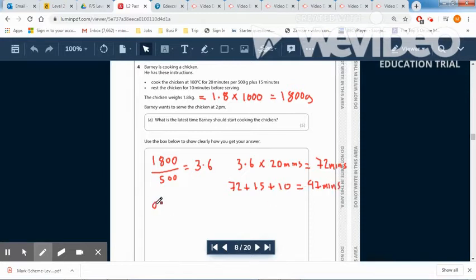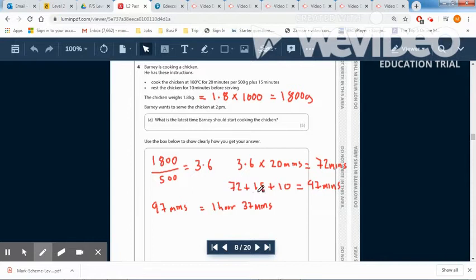And then 97 minutes, we want to write it in terms of hours because we're going to start working backwards from 2 p.m. So we can write that as 1 hour, 37 minutes. And then we want to find the latest time we can start cooking.